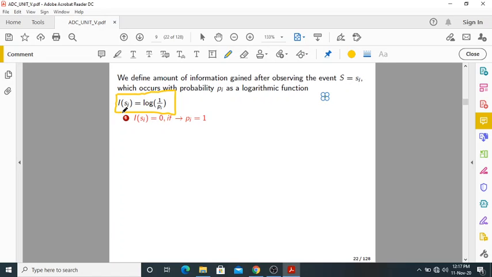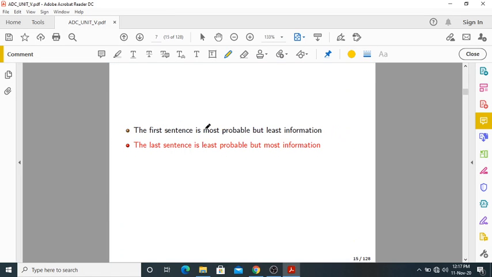Otherwise, the information that we get from the occurrence of symbol Si equals log of 1 by Pi. What is Pi? The probability of occurrence of symbol Si. So the information is inversely proportional to the probability of occurrence. That is very much evident from these three sentences.